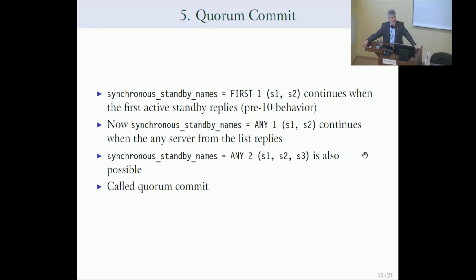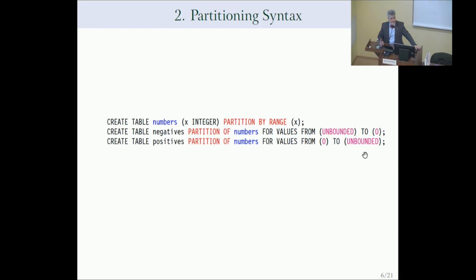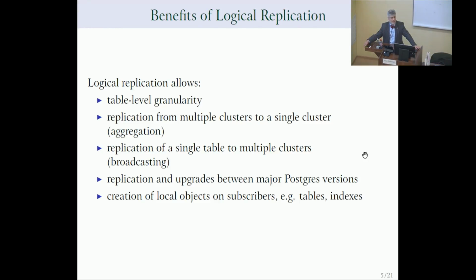Yes? I want to ask you about logical replication. Can we organize multi-master replication, just subscribe the second database to the first database and the first database to the second database? Great. So the question is, can we do multi-master, having one database connecting to another database and the second database also going backward?